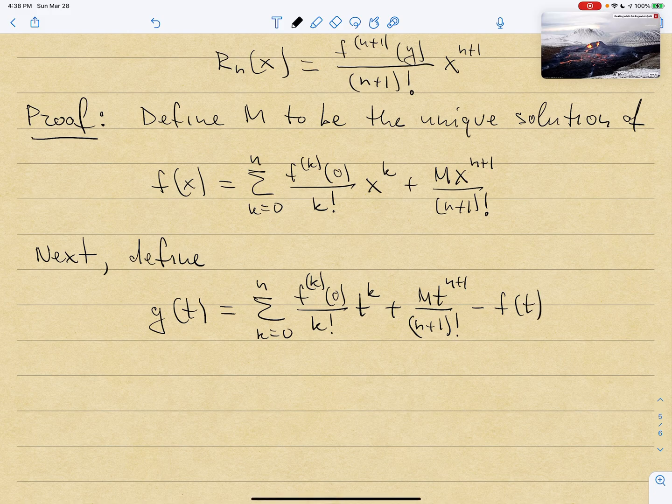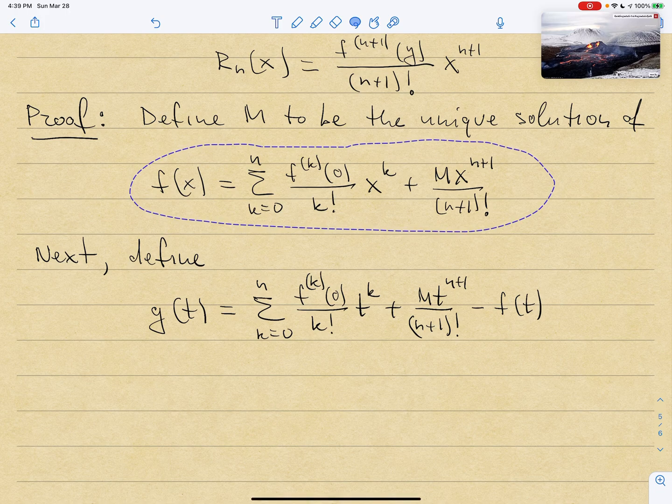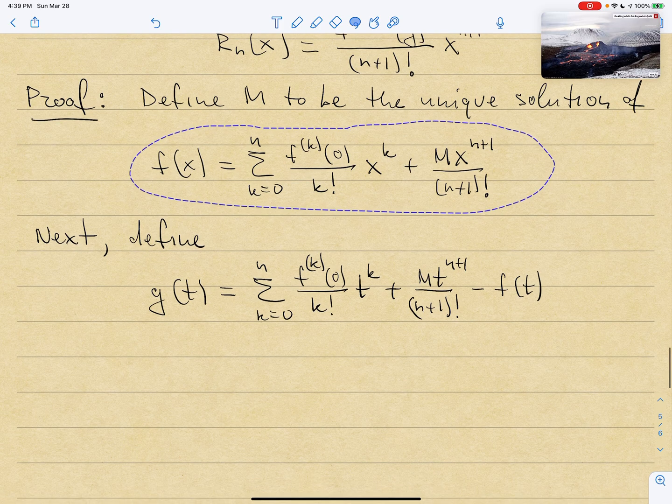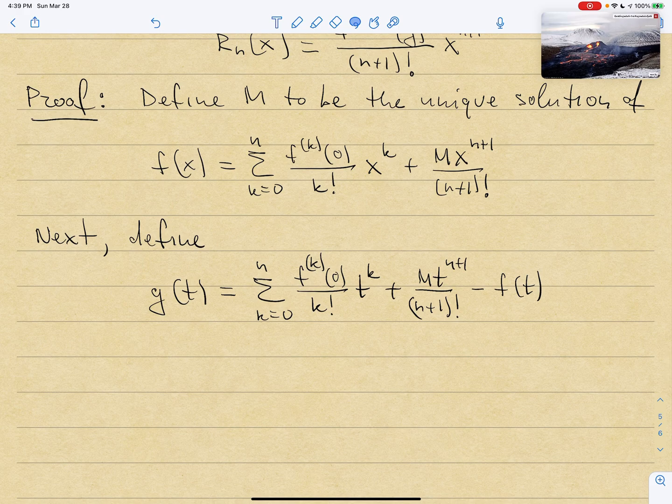Okay? So basically what I did, I just took this expression that I have written here. All right, this expression is computed at x, right? And then I'm releasing x, and I'm allowing x to be a variable, right?